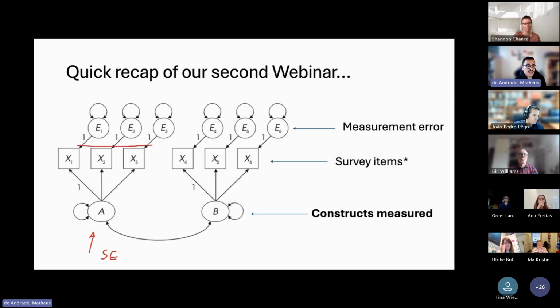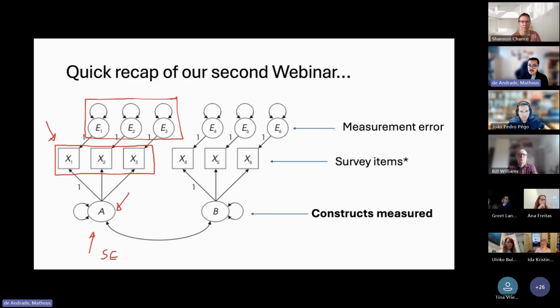And then I write 3 survey items that I think capture self-efficacy or that are in the literature. When we are doing measurements in this way, we are making sure that we measure a construct appropriately through the survey items, and each item will be associated with a type of error. For more details on this, you can go back in the recordings to our second webinar.